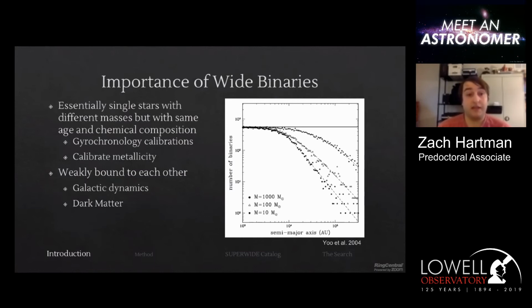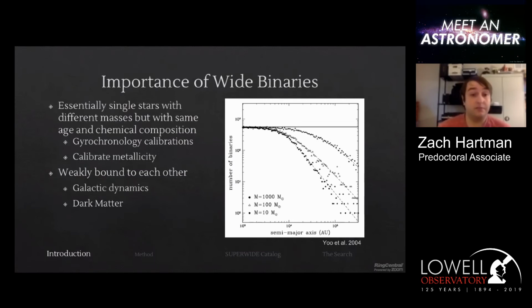So if you have a solar type star, and then you pair it with a star that is relatively faint and is very difficult to get a spectrum of and therefore get the metallicity of, then you can use the metallicity that you can derive from the higher mass star to infer the metallicity of the lower mass star.